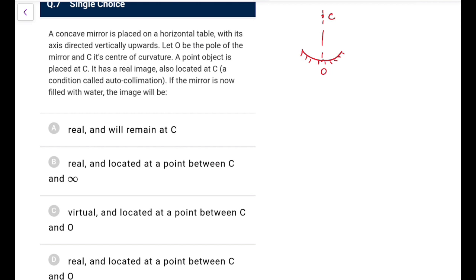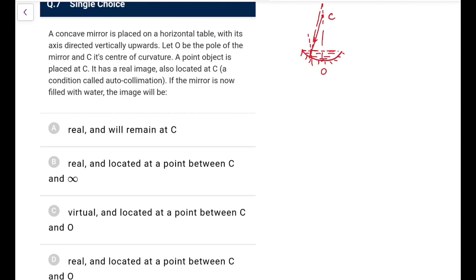If the mirror is now filled with water, so what it now becomes is a combo of a lens and a mirror. So first of all, what is going to happen now? Because of this water, the ray which was coming from the source, now because it is entering water, will bend towards the normal, and because of this, apparently the object is shifted upwards.